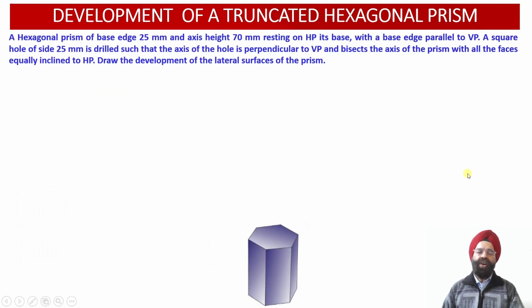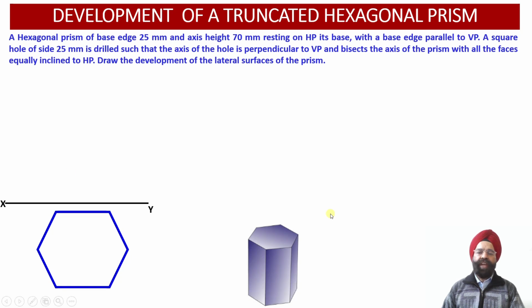Now let us proceed to evaluate the top view and the front view orthographic projections of the hexagonal prism. As the observer looks at this hexagonal prism from the top, the top face and the bottom face, that is the base, coincide with each other in the top view, and we obtain the hexagonal projection corresponding to this prism on the horizontal plane.